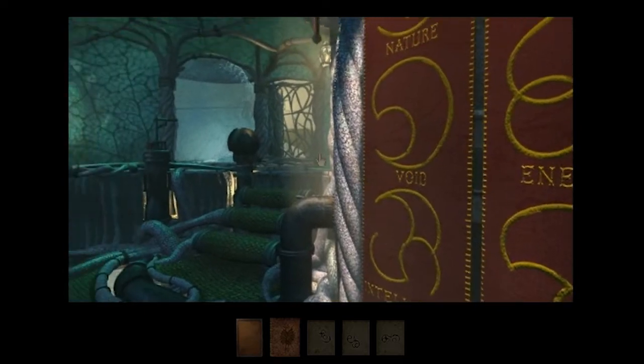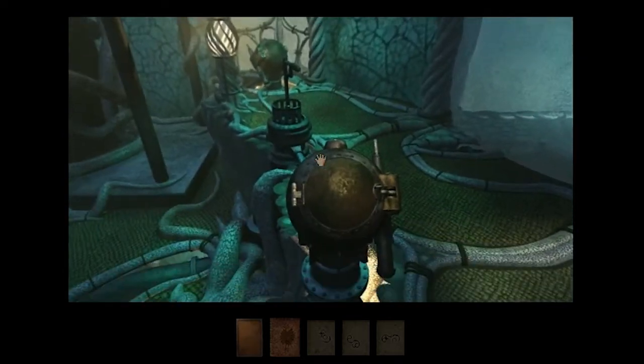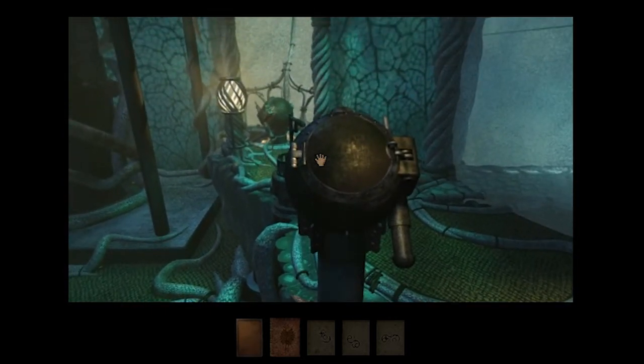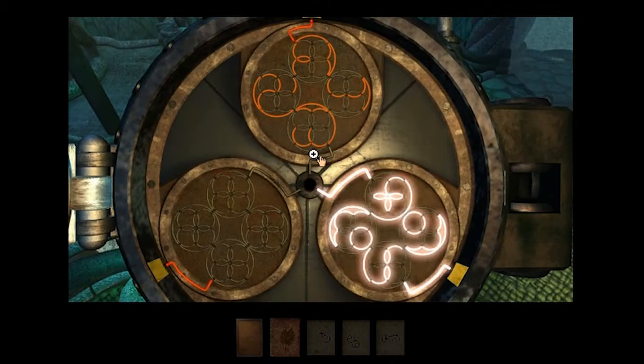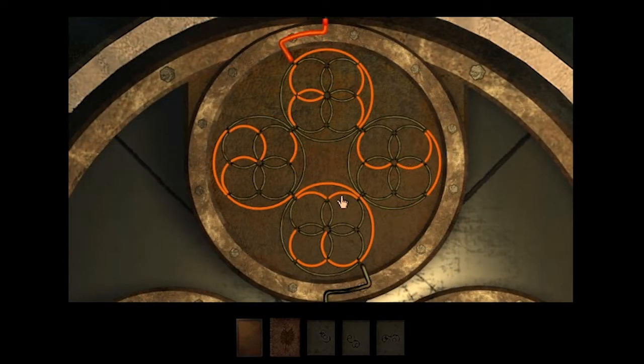Okay, well, I'll go back and I'll see if that fixes it. Energy, powers, future. No, it definitely goes there. Future, motion.